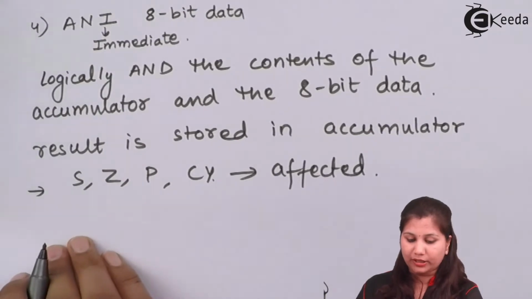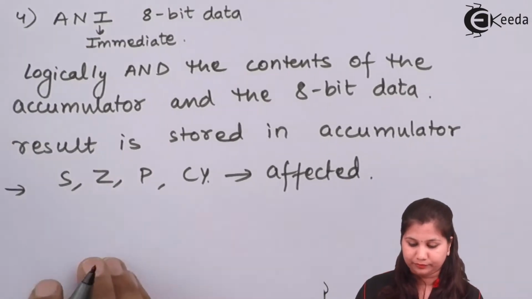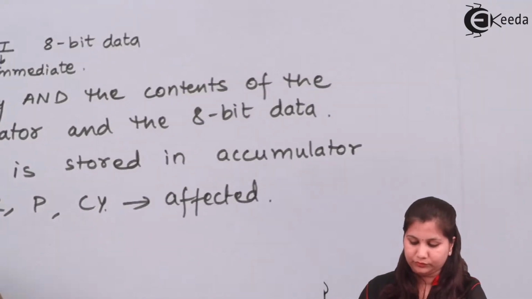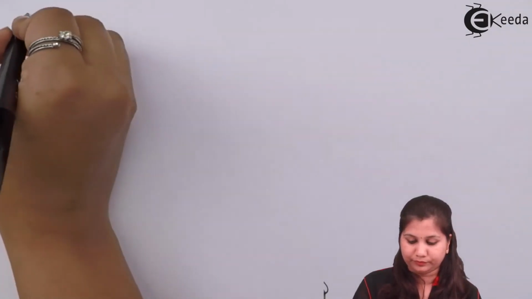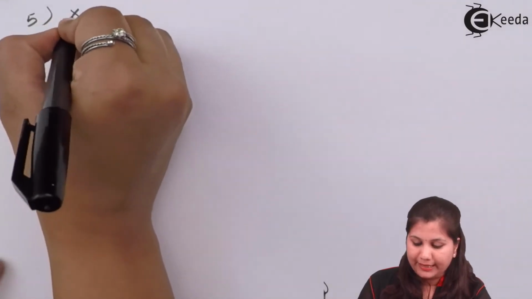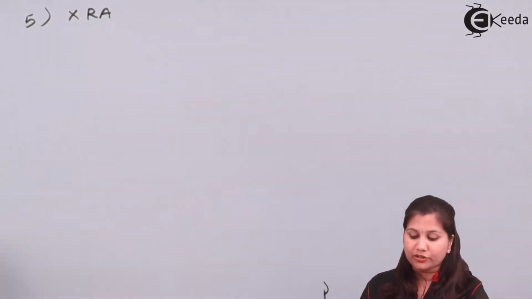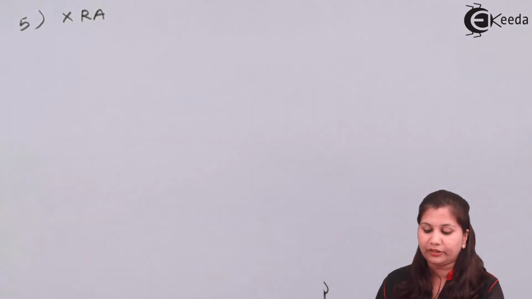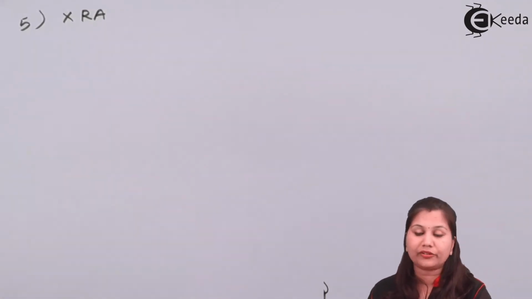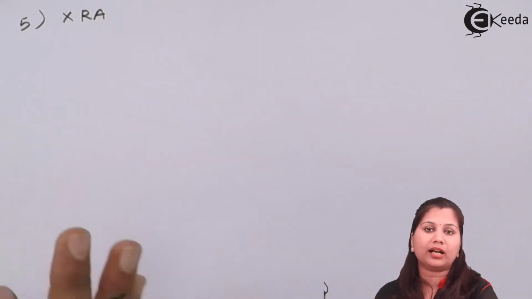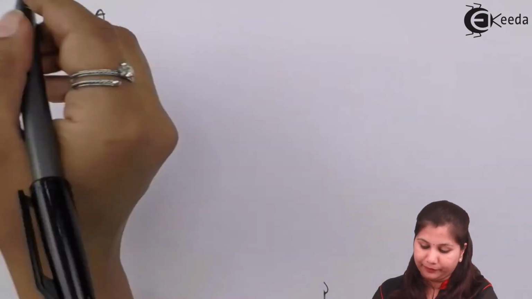Next instruction is XRA. This instruction is going to exclusively OR the contents of the register or memory with the contents of the accumulator.